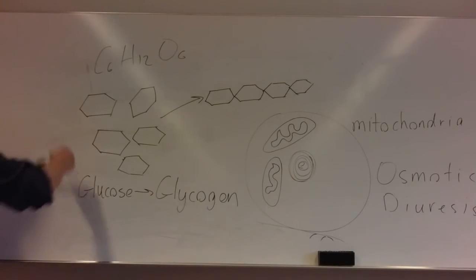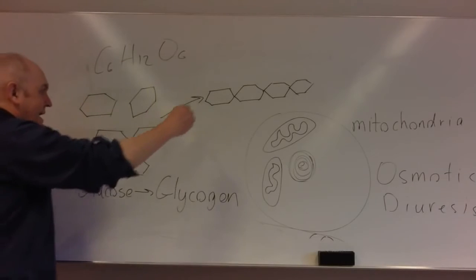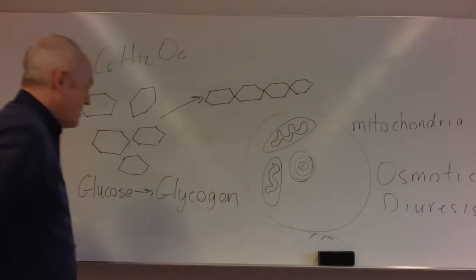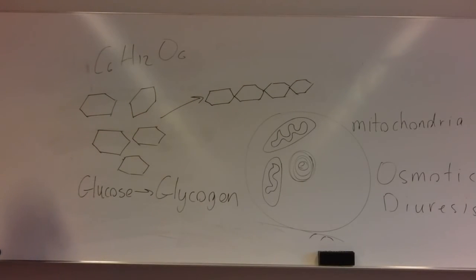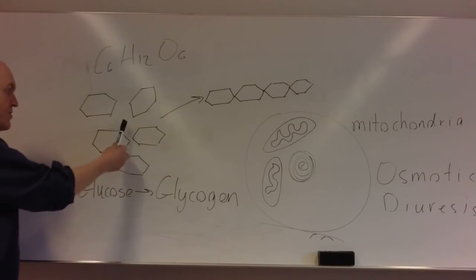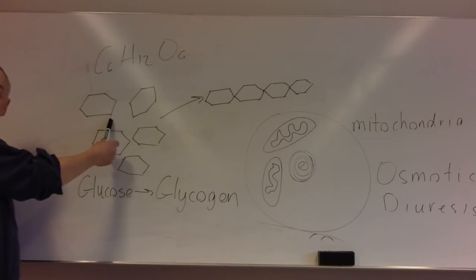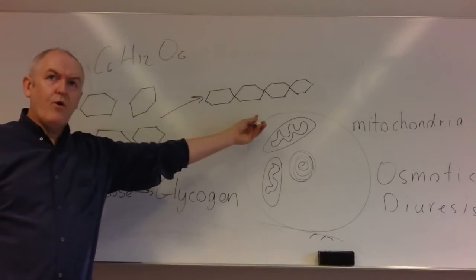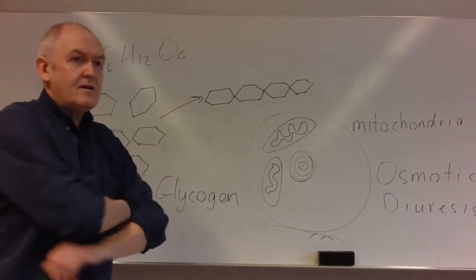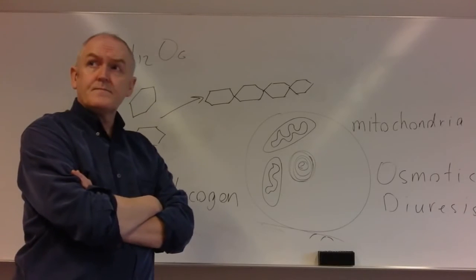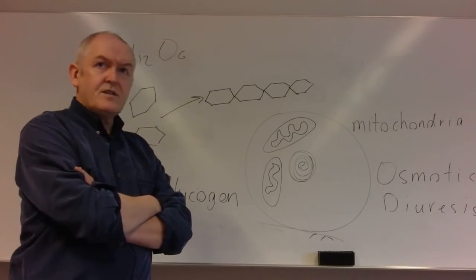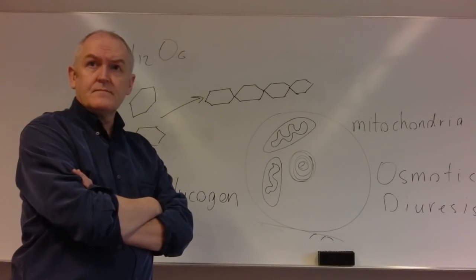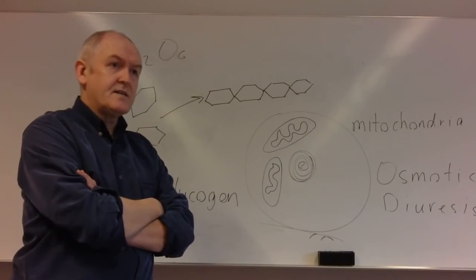So if all these glucose molecules are now forming glycogen, can you see the glucose molecules are no longer in the blood? They're all neatly tidied away in relatively insoluble form, stored in the liver and the muscles. What's that going to do to the amount of glucose in the blood? It's going to reduce it, isn't it?